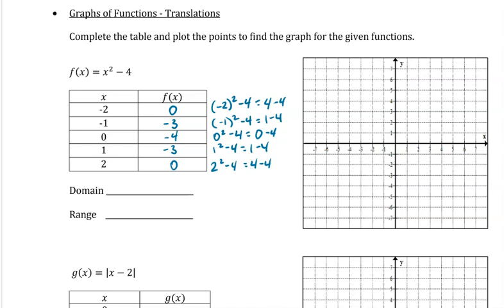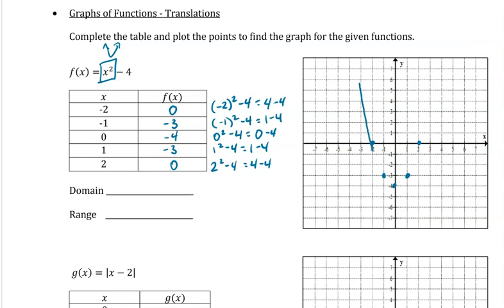Okay, so let's go ahead and plot these points, see what we have, and just keep in mind that this is x squared, so we would probably expect something like that U shape, the parabola that we got when we did the parent functions. So if we plot these, we have negative 2, 0, negative 1, negative 3, 0, negative 4, 1, negative 3, and 2, 0.